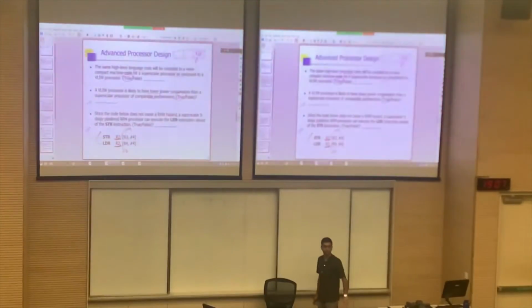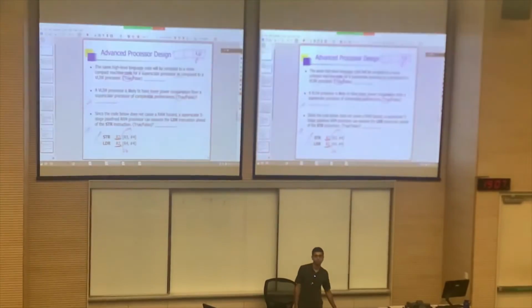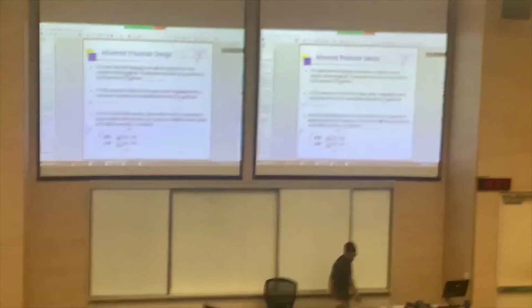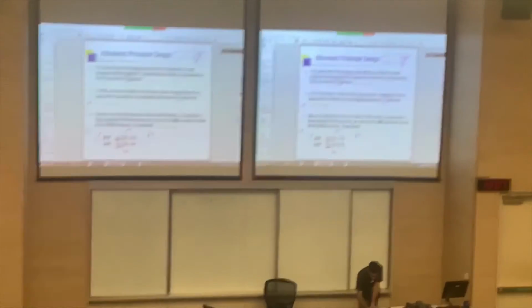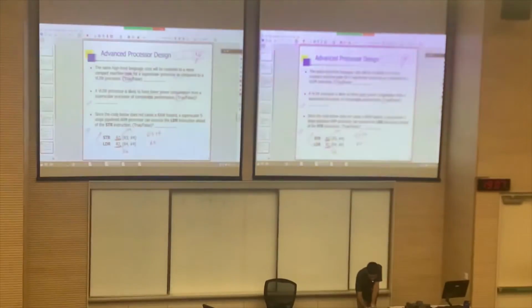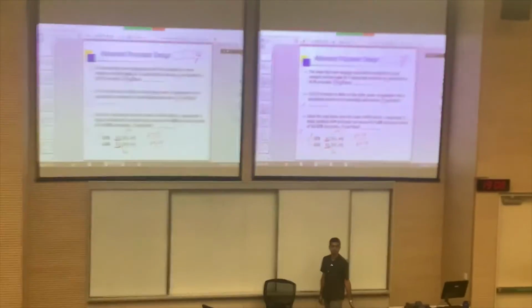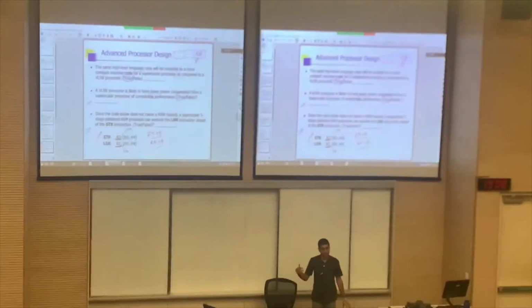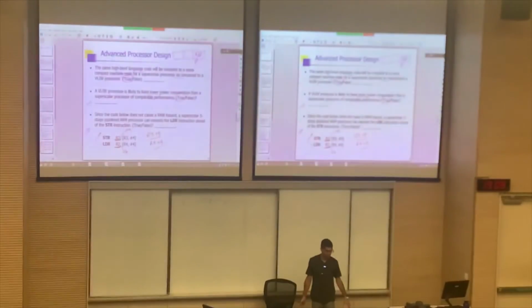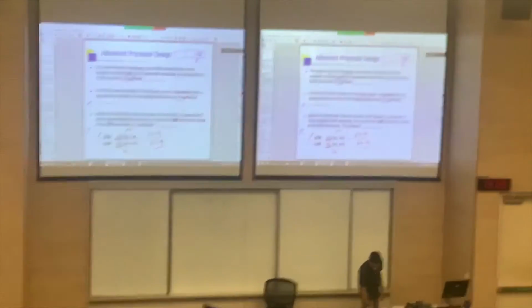But there is another problem. What is that problem? What if R3 plus 4 happens to be R4 plus 4? This is not known in advance. This is something that might be apparent only when these two instructions are actually executed.